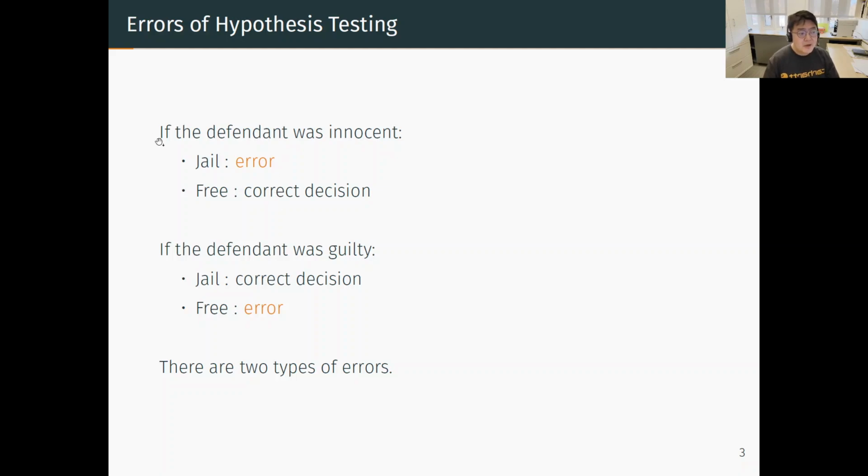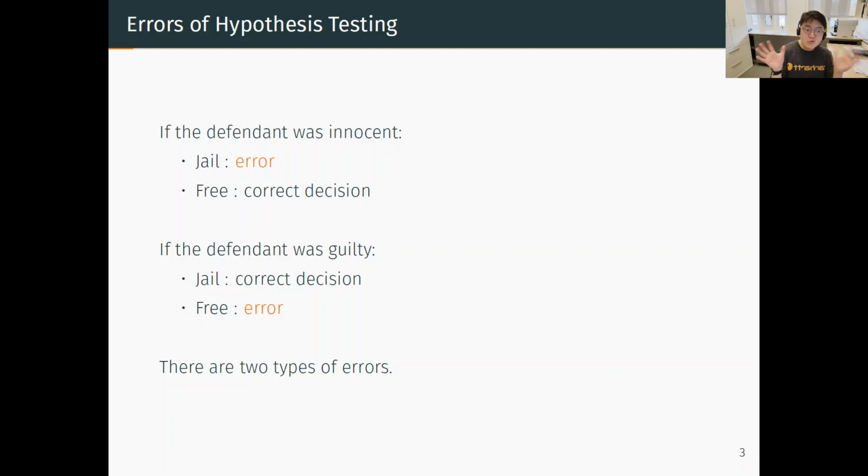But if you change the assumption about the truth, and the defendant was actually guilty, then a wrong choice is when you set him free. That is an error. But if you send him to jail, that is the correct decision. In hypothesis testing, the decision is either yes or no, rejection or not, so there are two different types of errors depending on the actual truth.